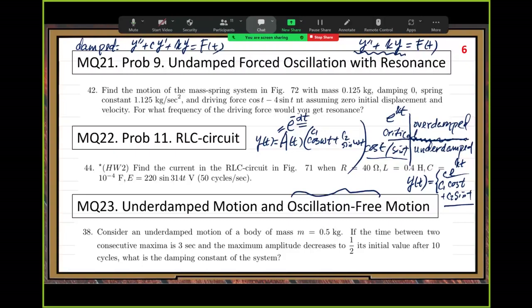So in that one, you can find alpha. Things like that. So that's the under-damped motion. For the word problem, you need to understand the background and the context. So how do you connect the content of the problems with our theory?